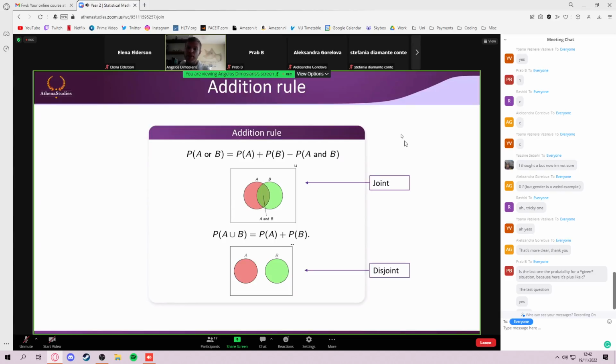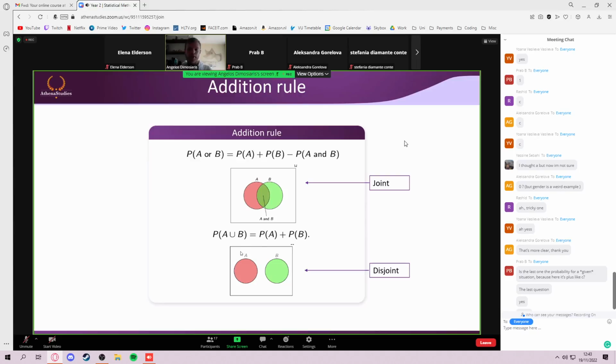If I come back to the example I mentioned before, let's say we are 17 people here again. We divide our sample into young and old people. Let's say this is balanced, so we are 16, with 8 people that are young and 8 people that are old. If I select one of you and ask what's the probability of being young or old, in this case we have disjoint events because you cannot be both old and young.